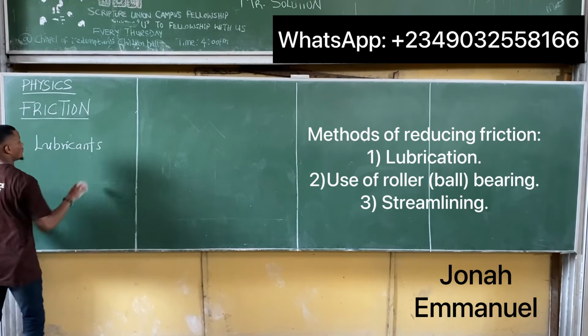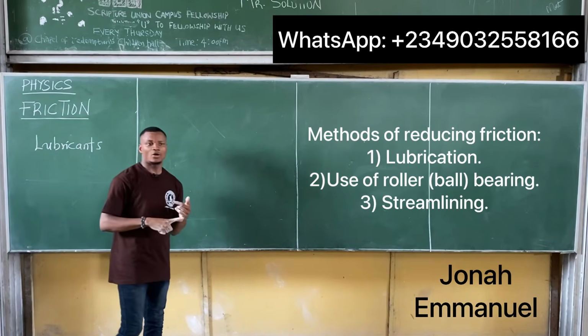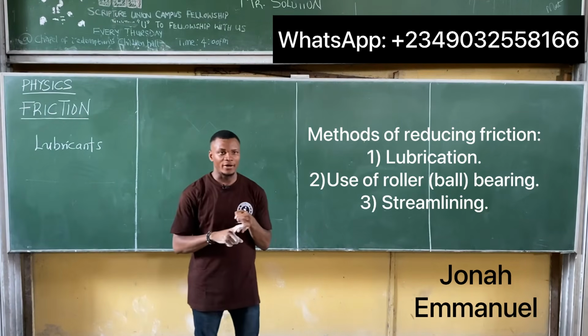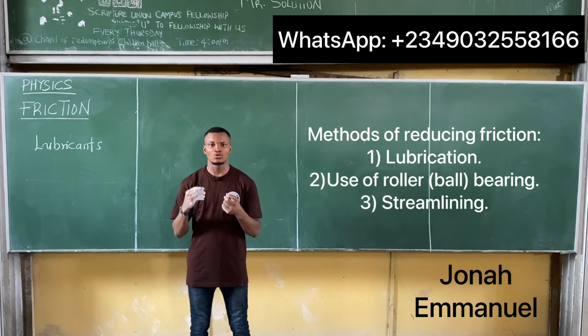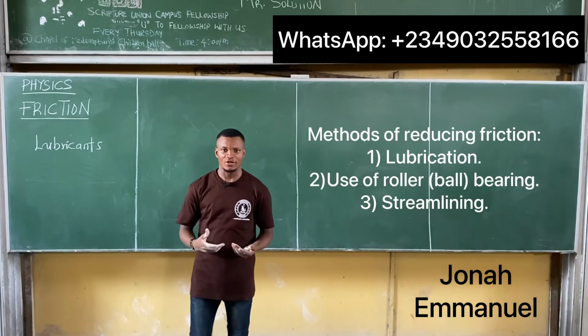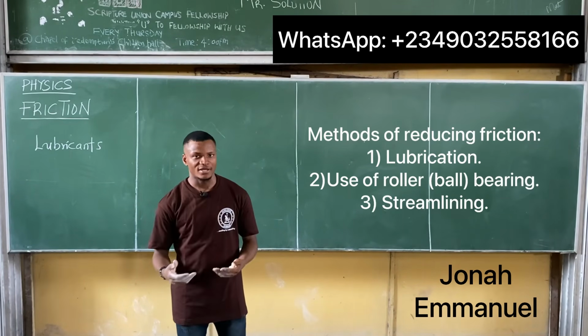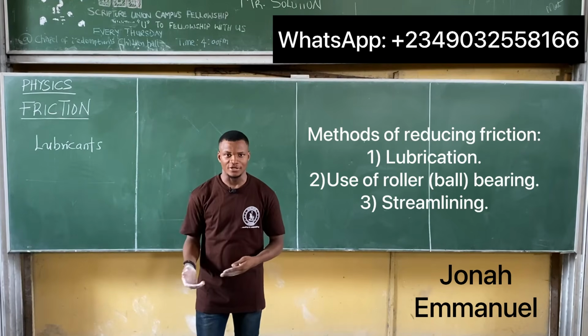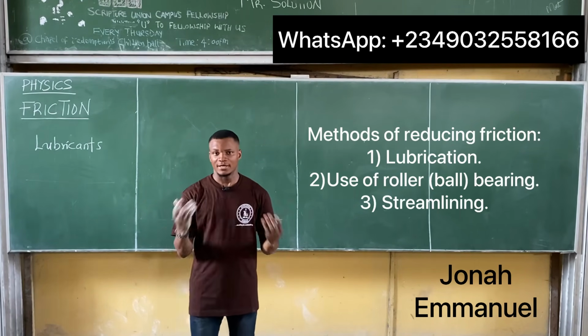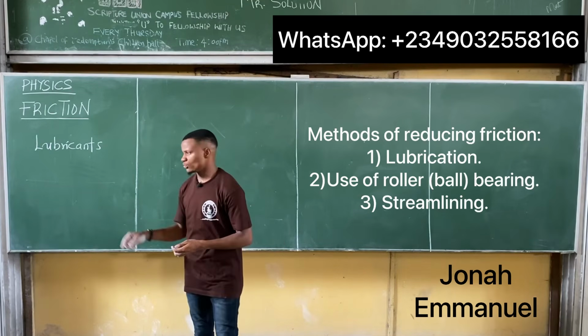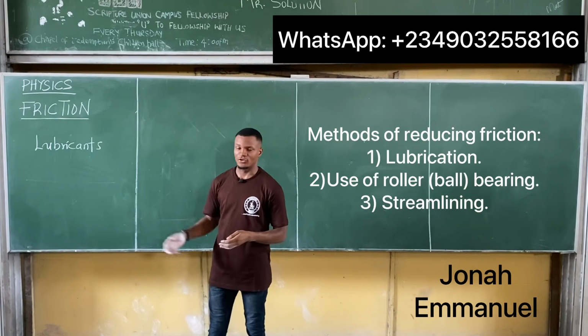Lubricants such as engine oil, such as palm oil, and some other things to reduce the friction in machines. And this is why you add engine oil to your generator set, to your motor set, and so on. So number one is through lubrication or the addition of lubricants.